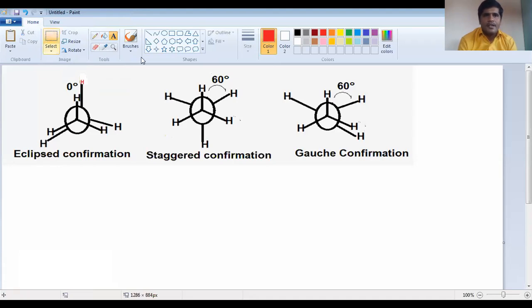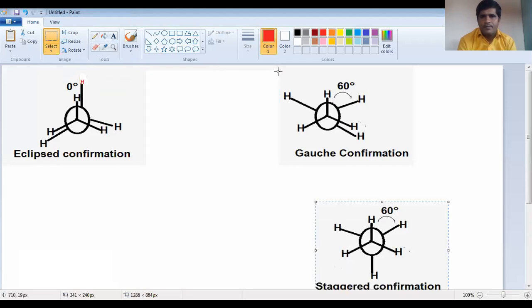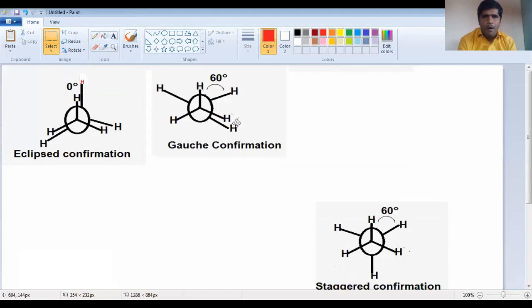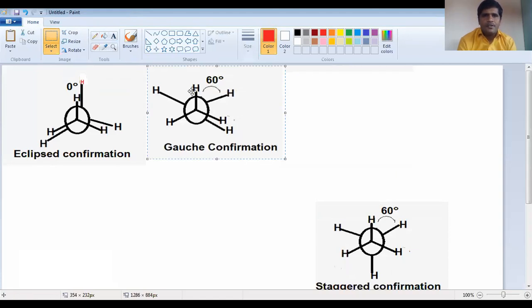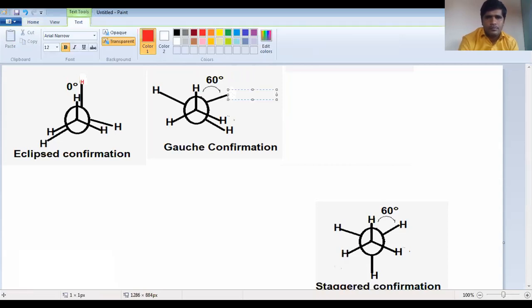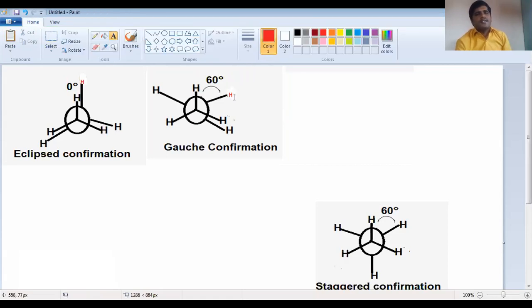Then if you are considering, here I will remove this and pick up from this location. Then this hydrogen is going to shift to this location. Okay, the torsional angle is 60. That is called the gauche conformation.